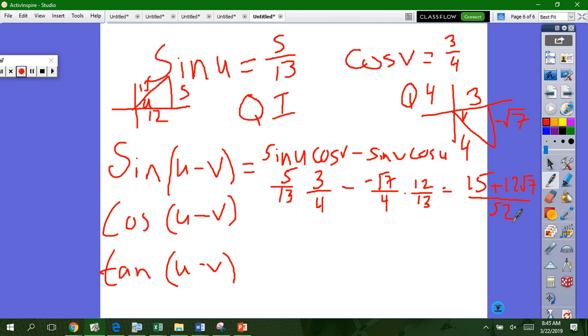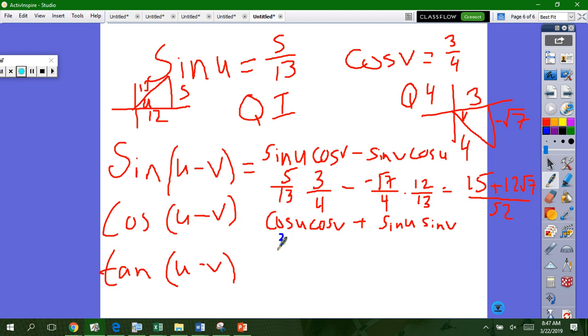Okay, here we go. Let's do cosine of U minus V, which is cosine of U, cosine of V. Now, because it's a minus, what goes in between it? A plus sign, sine of U, sine of V. Who is the cosine of U?